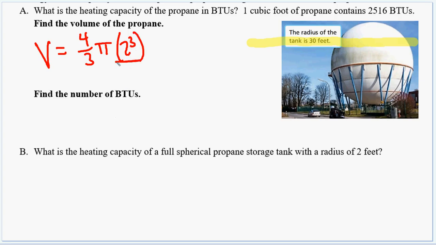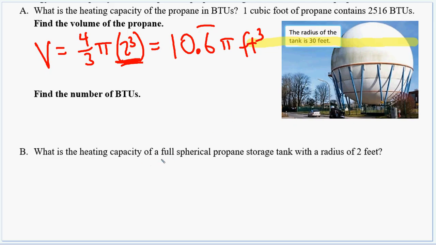Well, 2 cubed is 8, and we could multiply that by the 4. That'd be 32, and we're going to divide that by 3. So that's going to turn out to be 10.6 repeating pi. Our units here would be feet cubed. So 10.6 repeating feet cubed of volume.